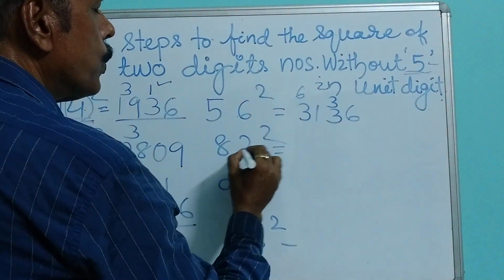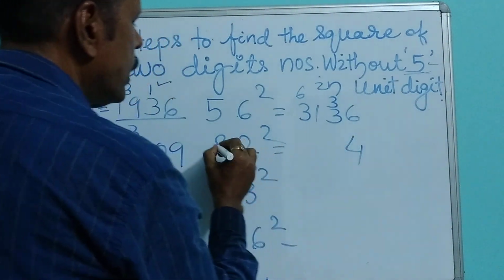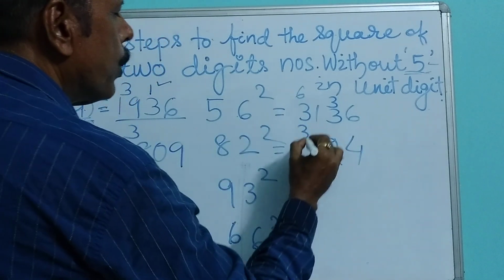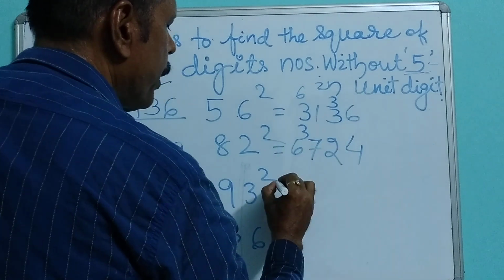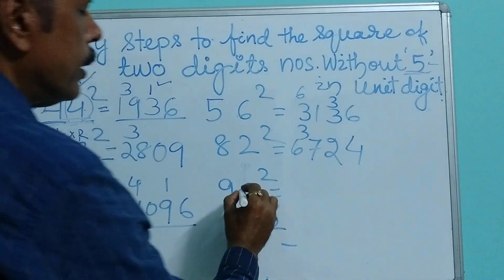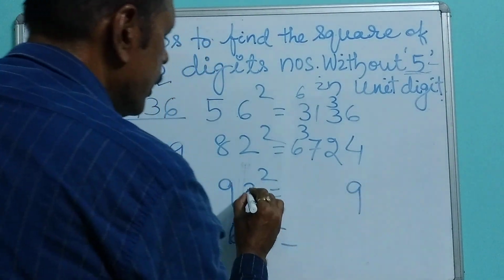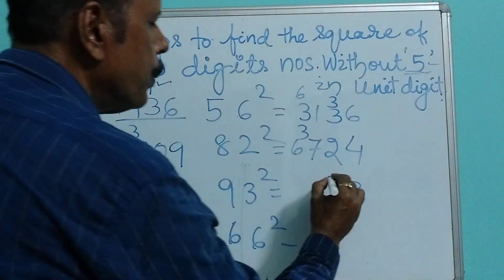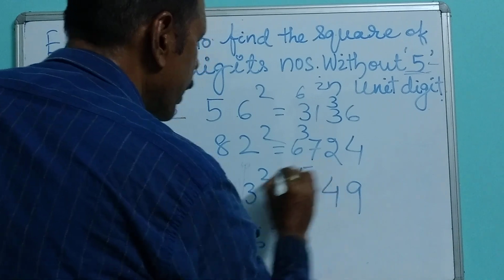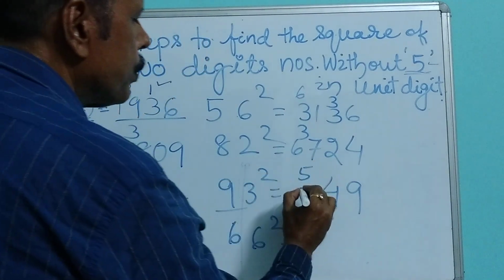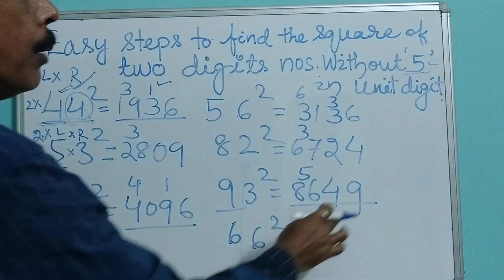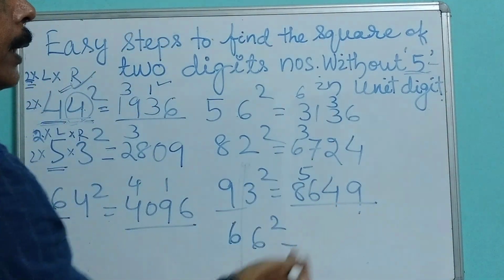Similarly 82 square: 2 square 4, 2 eights are 16, 2 times is 32, write 2 carry 3, 8 eights are 64 plus 3 is 67. 93 square: 3 threes are 9, 3 nines are 27, 2 times is 54, write 4 carry 5, then 9 square 81 plus 5 gives 86. You may check your answer by multiplying 93 into 93.